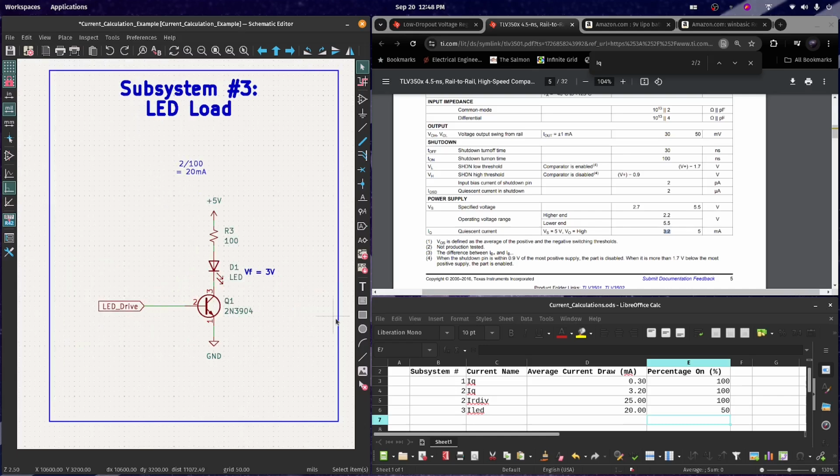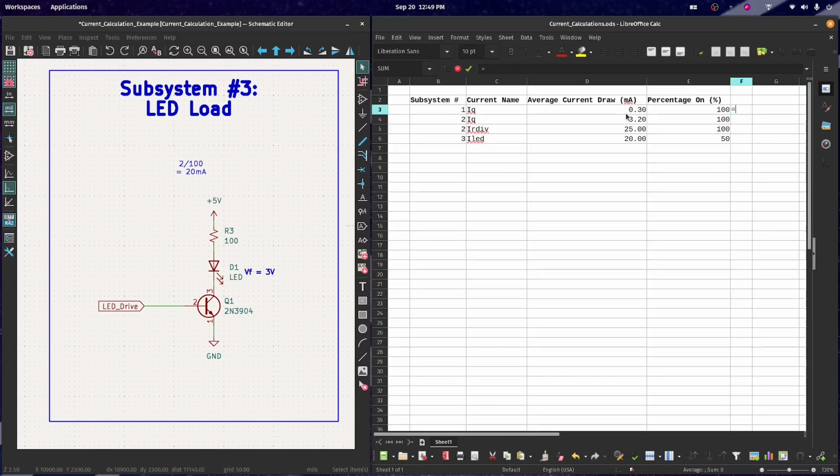Thus, now we can start to sum the currents to see how much current the entire system is expected to draw. With all three subsystems, the total current draw is about 38.5 milliamps.